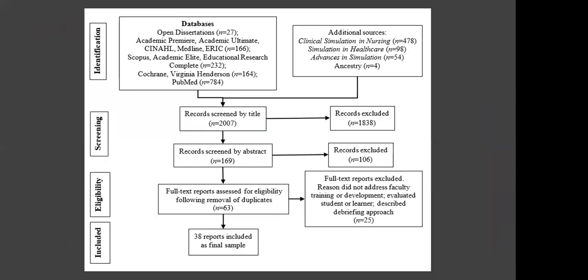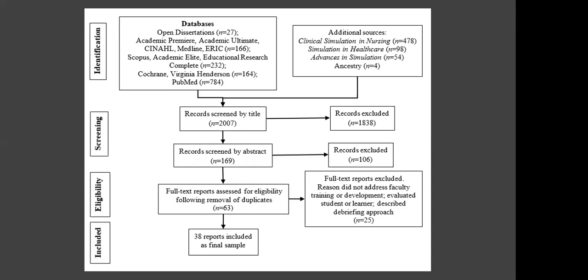So here's a picture of our search process, following the PRISMA guidelines. You can see the databases that we searched, open dissertations, academic premier, and you can read through those. We also specifically did hand searching of three journals: Clinical Simulation in Nursing, Simulation in Healthcare, and Advances in Simulation, and then some ancestry searching.